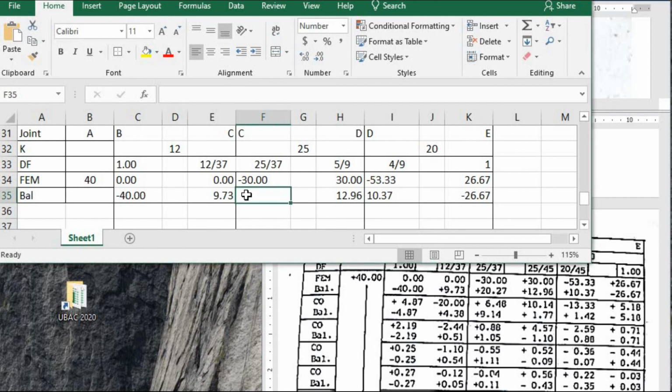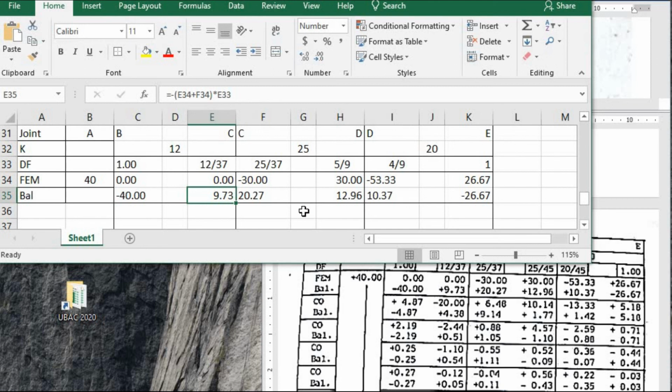Here, equal sign, negative, open parenthesis, 0 plus negative 30, close, times distribution factor, then enter. Okay. Don't forget that E33 will be made fixed.